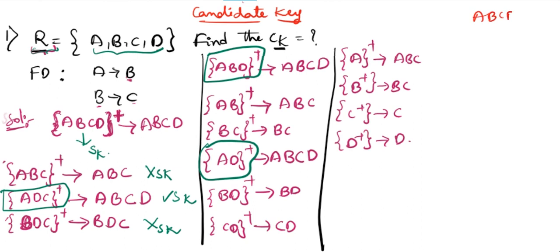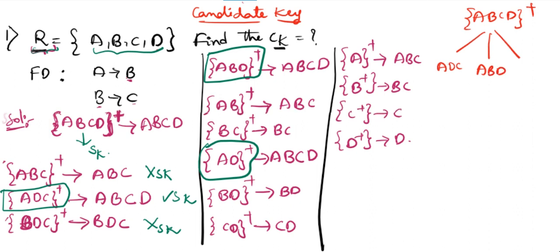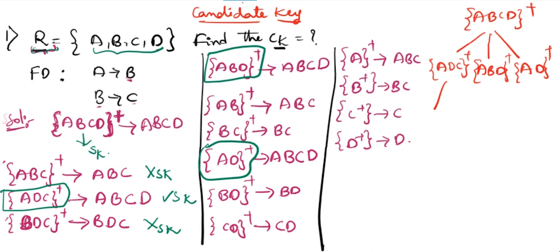A, B, C, D. This is the super key, and the super key subsets are ADC, ABD, and AD. So these are super keys, right? And this one is having AD.